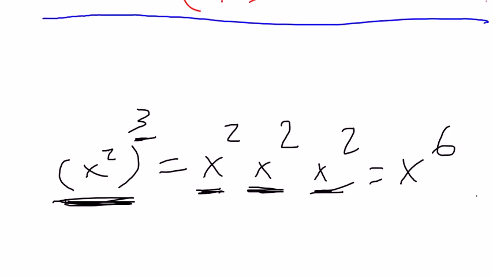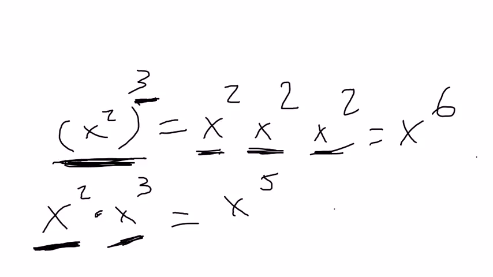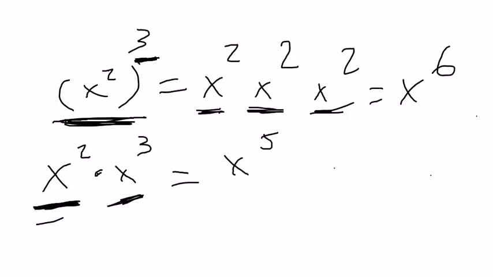If you have a power raised to another power, you multiply them. If you have just x squared times x to the third, so this would be x to a power times x to a power, this is when you add. Because this would be 2x's, this would be 3x's, I have a total of 5x's.